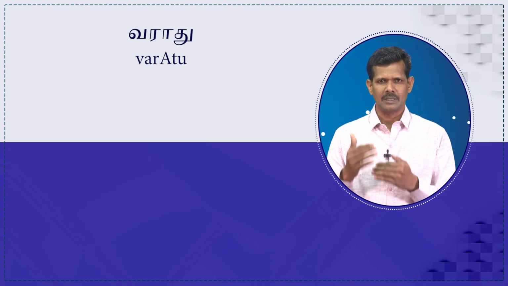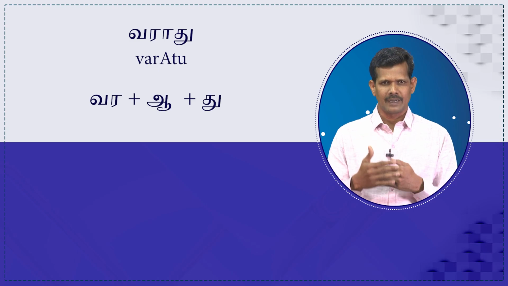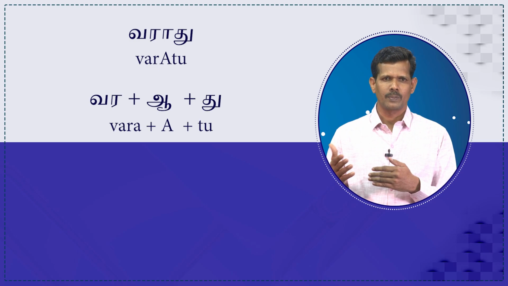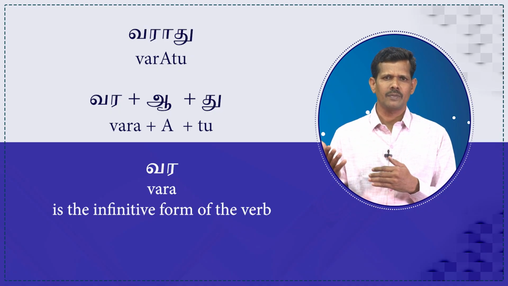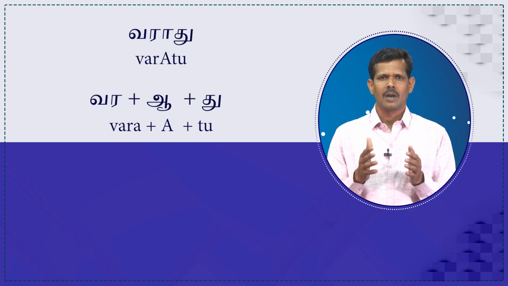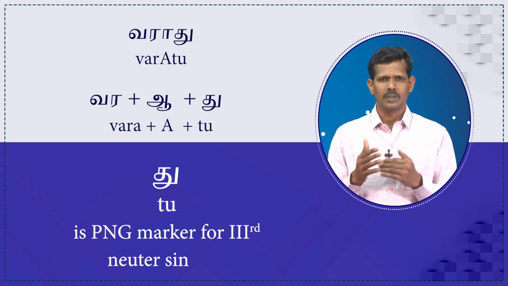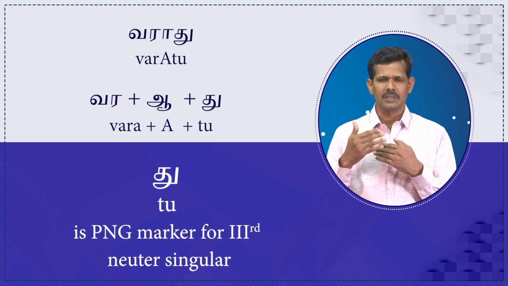The first example is varadu. It is segmented as vara plus a plus du. Here vara is the infinitive form of the verb va. A is the future negative marker for non-human nouns. Tu is the PNG marker for third person neuter singular.